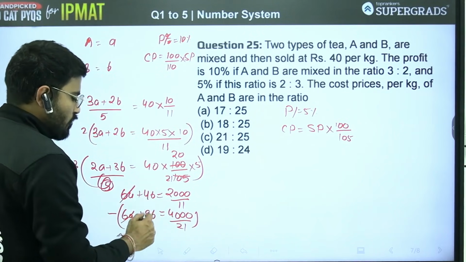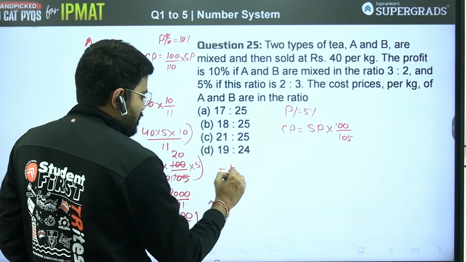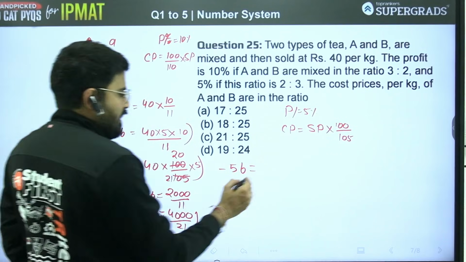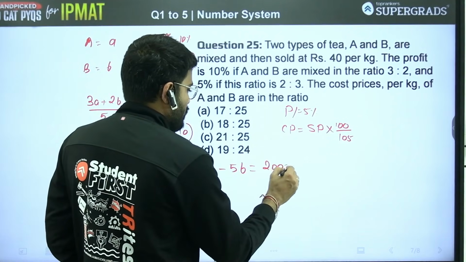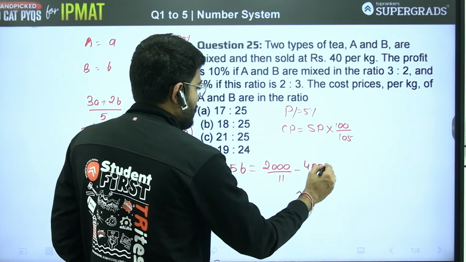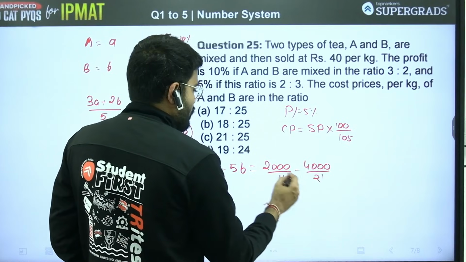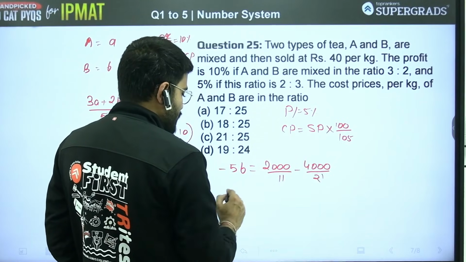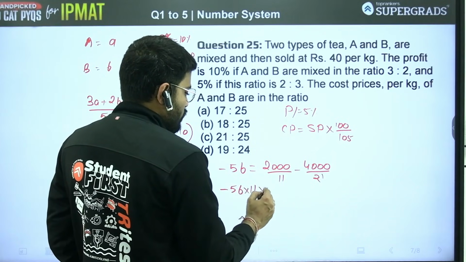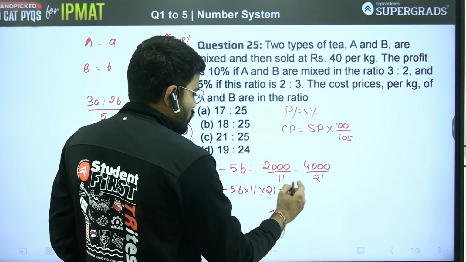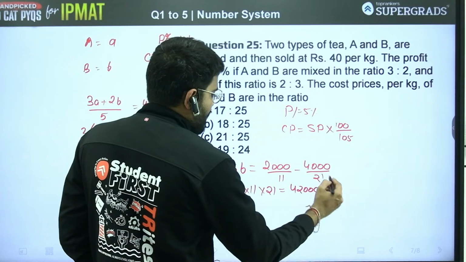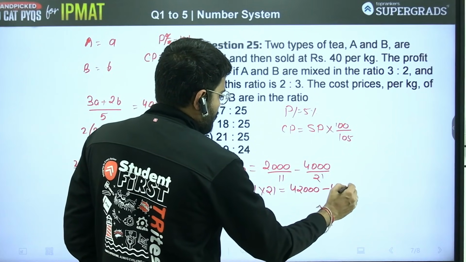What I get is 4B minus 9B is minus 5B is equal to 2000 by 11 minus 4000 by 21. 21 multiplies here, 11 goes there. So I get minus 5B into 11 into 21 is equal to 42,000 minus 11 into 4 is 44,000.